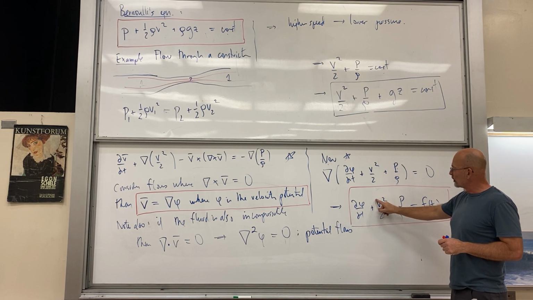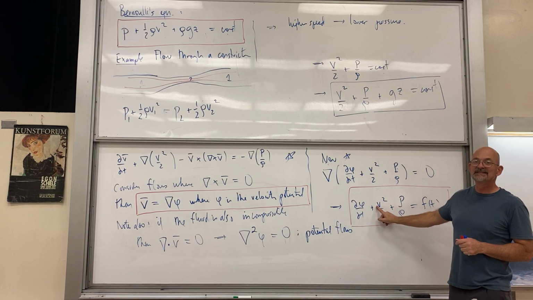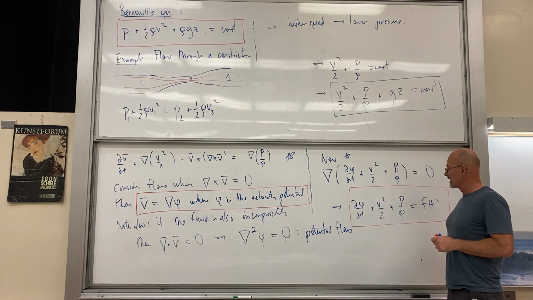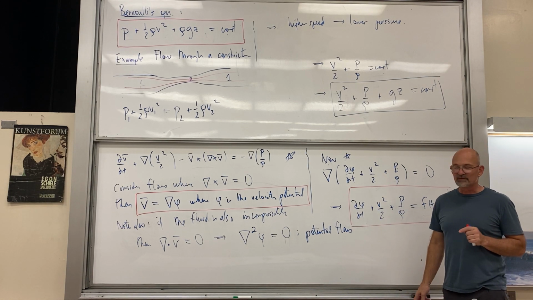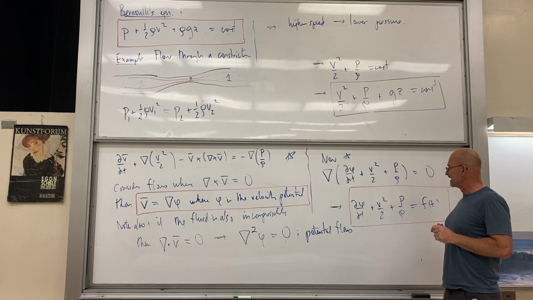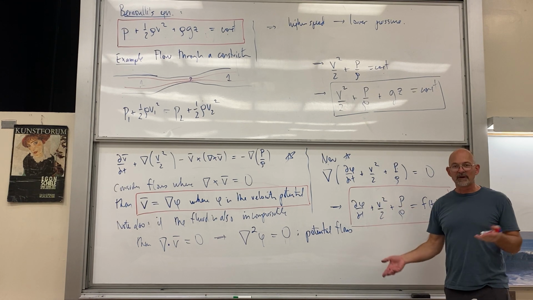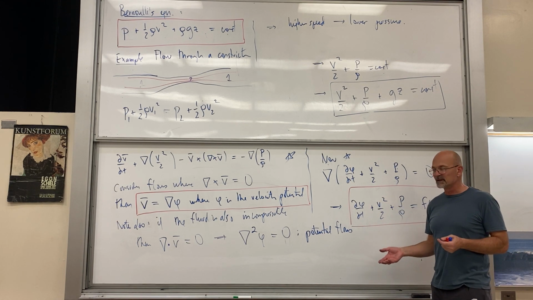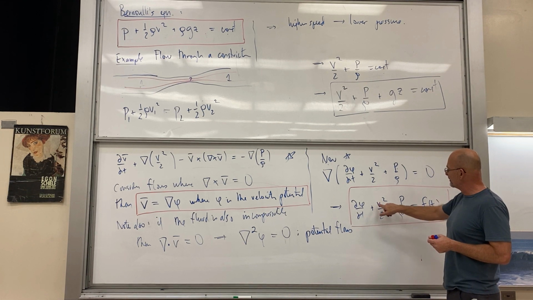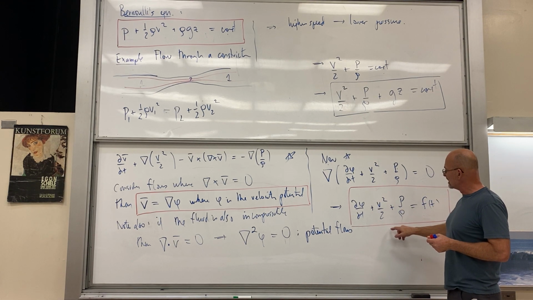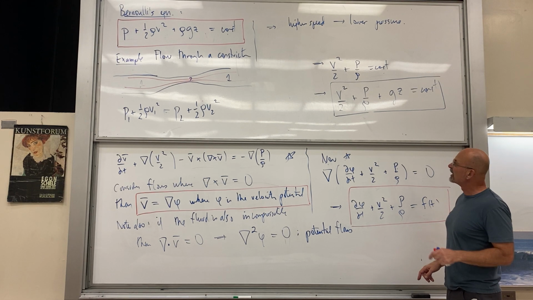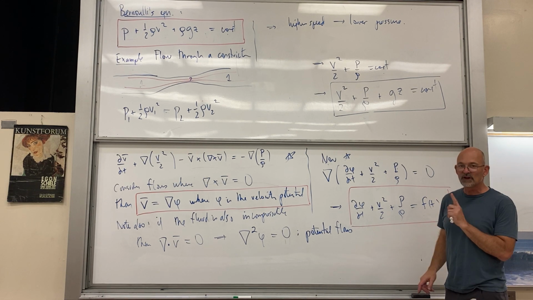We've got a v squared, so if the velocities are very small, we might expect to get a potential flow. In the limit of v goes to 0, sure, we have the potential, but that's a trivial one. But when v is very small, you might expect to get a potential flow, and that's what we're going to look at next.